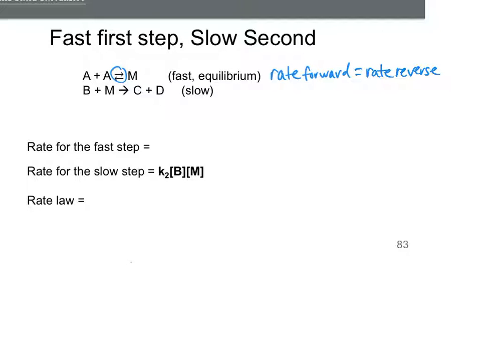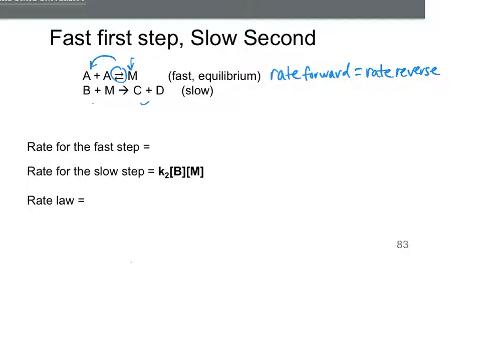So when A and A combine to produce M, someone was asking about an intermediate, or if you could isolate M, the product of the first step. It will be able to either go back and form reactants or go on and react in the second step. So even though we've got this equilibrium, it'll go either back to reactants or go on and react and form products.